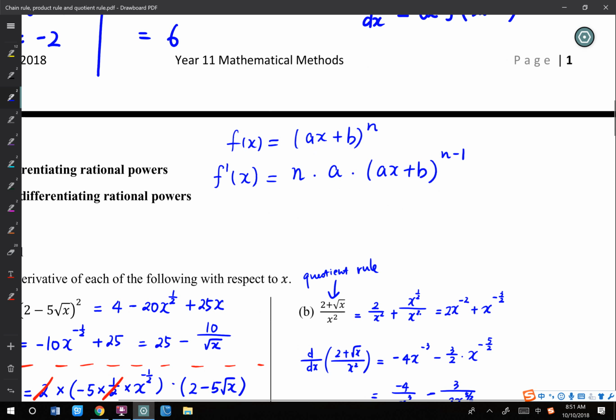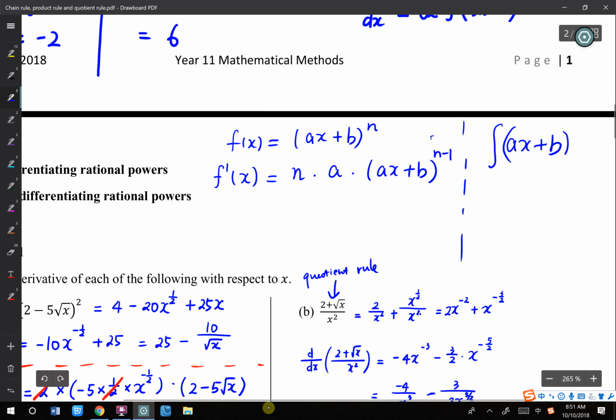So now let's think about the anti-differentiation of (ax plus b) to the power of n dx. What will I have for that? Trying to think similarly, what are the three steps we have done? Times by n, times by a, and reduce the power by 1. So what's the first step you should do when we antidiff it?